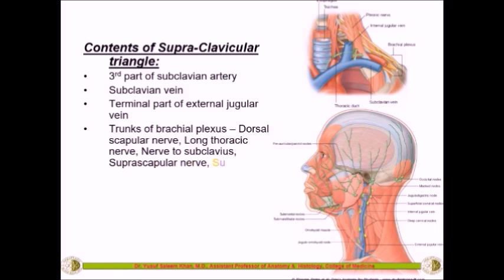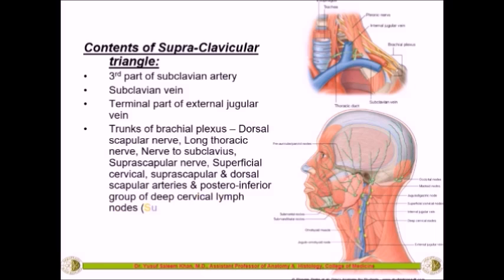Then there is a very important content here, the trunks of the brachial plexus. If you see here, these are the main nerves which will be supplying the upper limb.